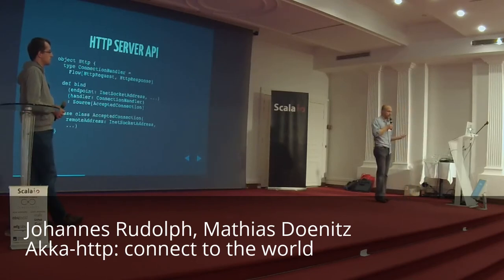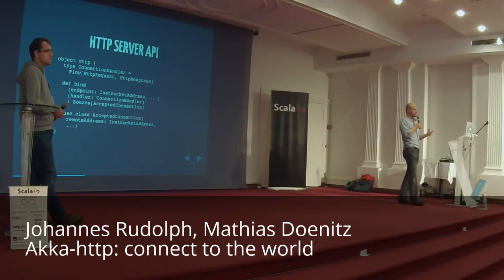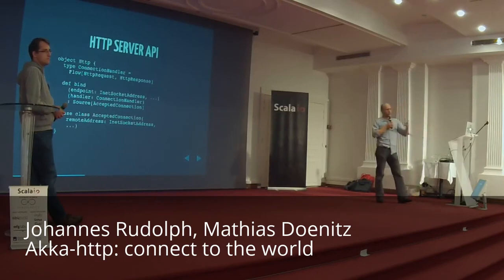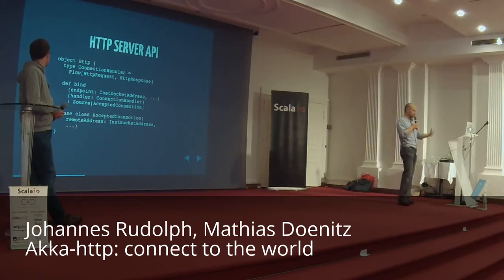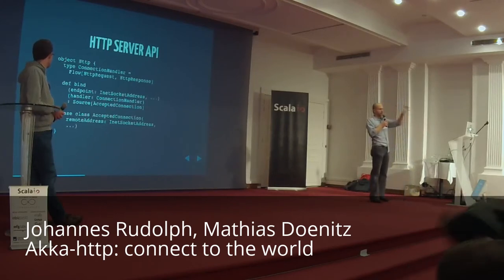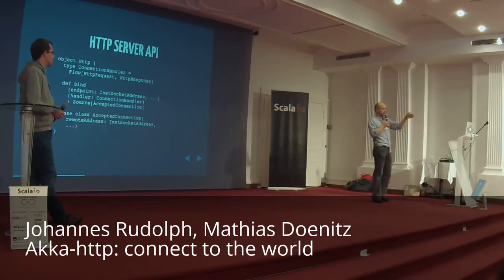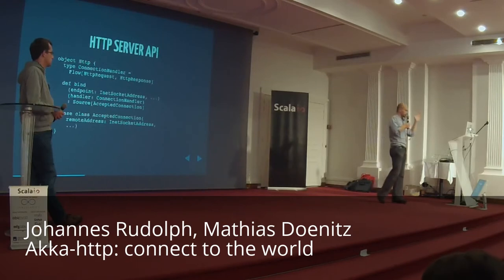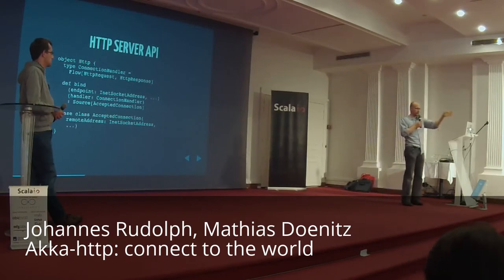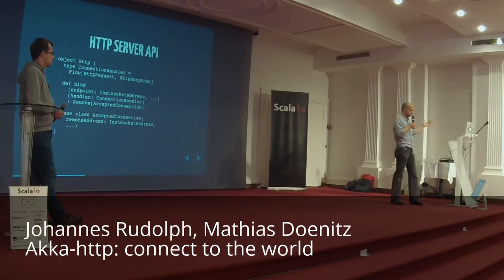Together with Akka-http, in lockstep, we're currently developing another module called Akka Stream, which gives you a DSL and an implementation for the reactive streams API. It's just a model for properly working with reactive streams in Akka. One key thing in there is a flow, and a flow is just a piece of pipeline. You can see it as a hose with two open ends, and you stuff requests in on the one side, and on the other side you get out responses.